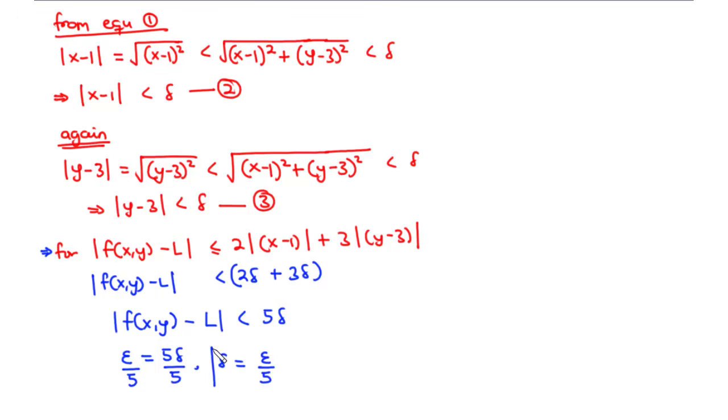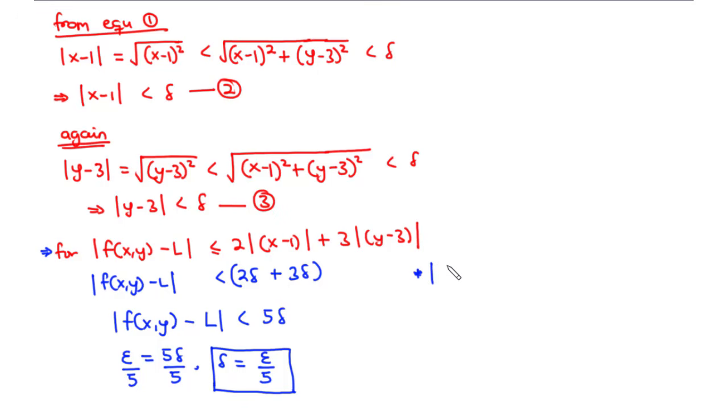So this is the value of delta for any epsilon greater than 0. So this is one part of the solution process. The next thing is to prove that indeed the absolute value of f(x, y) - L is less than epsilon. So that we are going to do here.